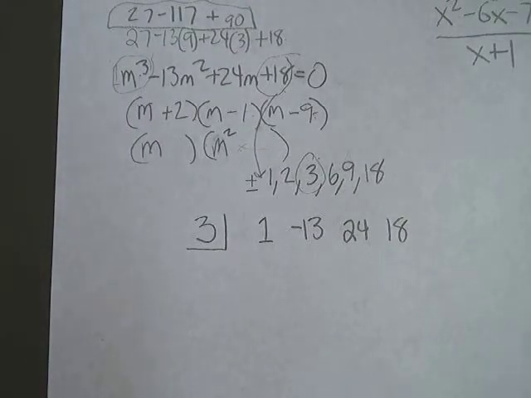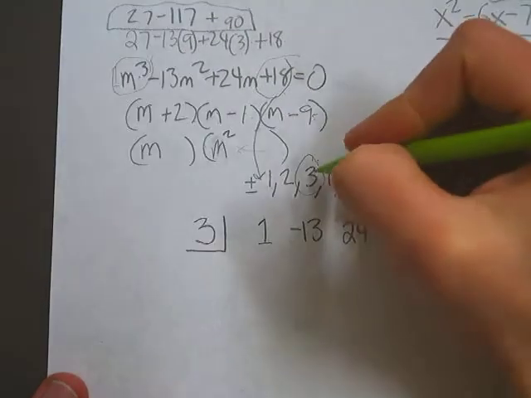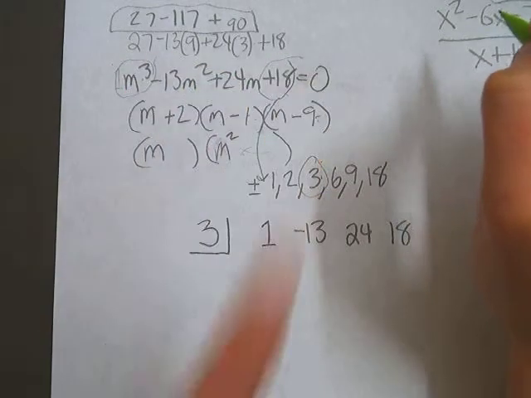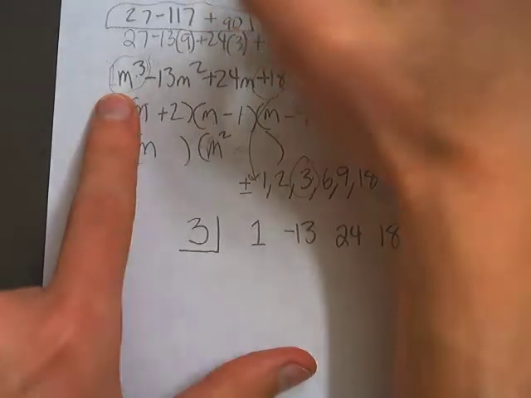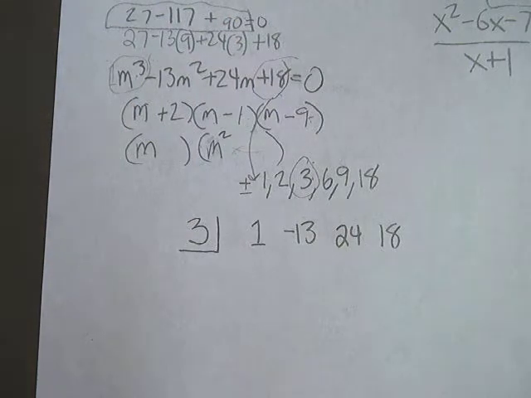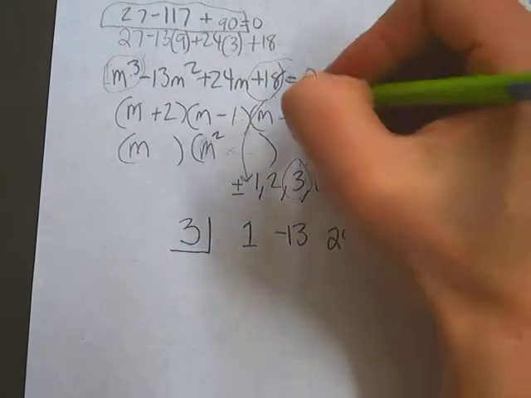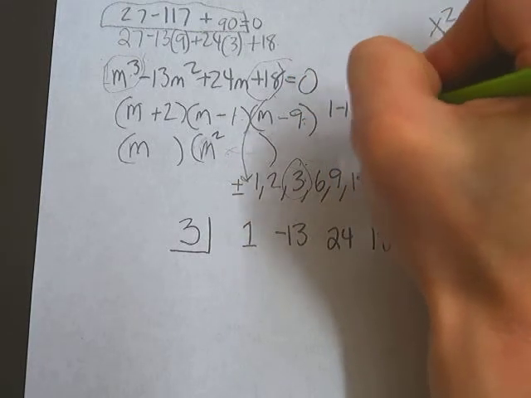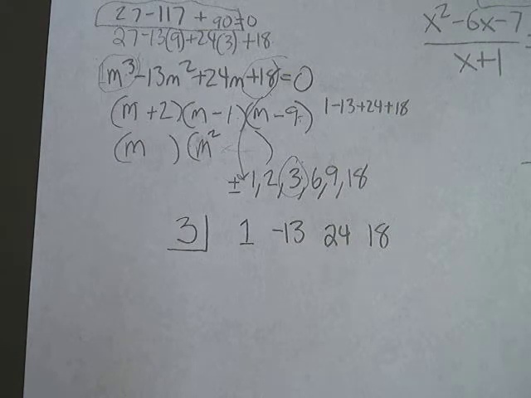So that's how you pick your first one to divide into this: you pick one of these factors and plug it in. If I tried 1, for example, I would get 1 minus 13 plus 24 plus 18. No, that's garbage, that is not 0.